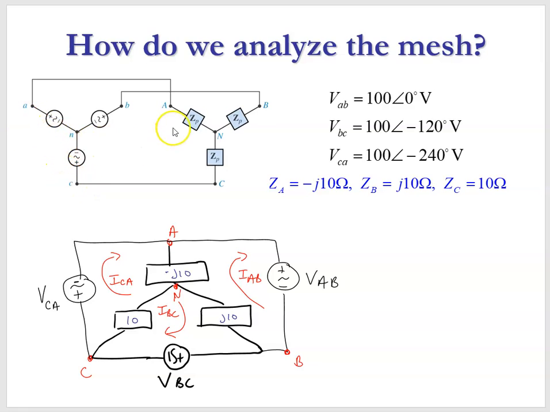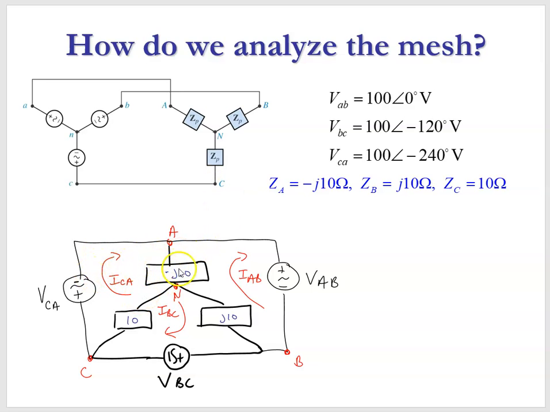At VCA, if we look on this side, we don't have any line impedances. If we did, we could just push them into AN or push them into CN. But between C and A, we have our AN and our NC. So we have these two impedances.